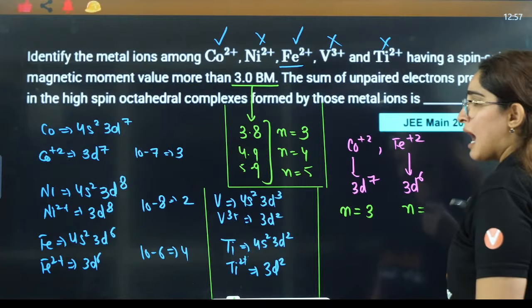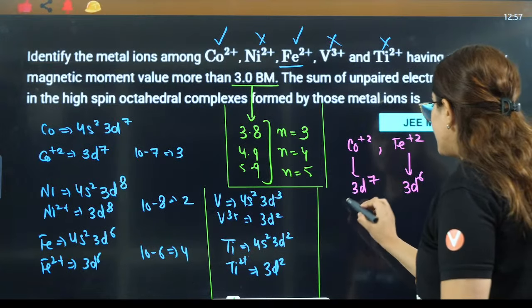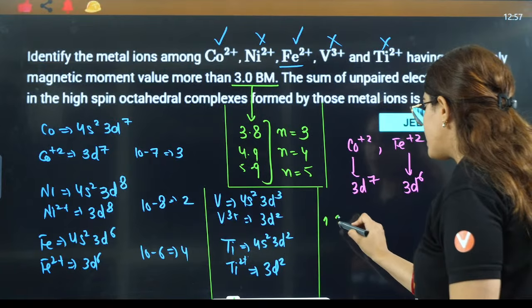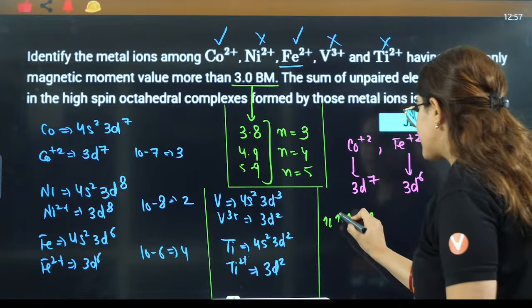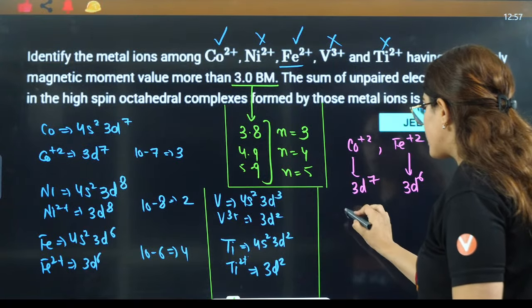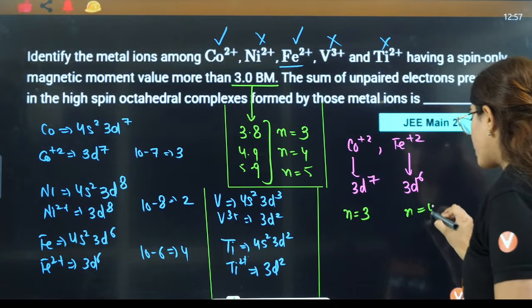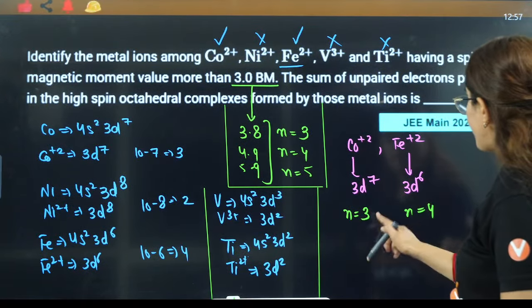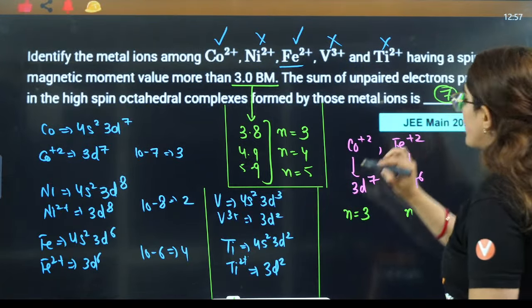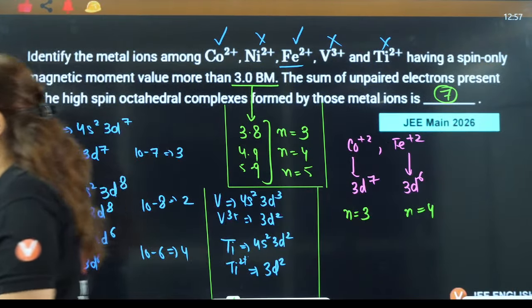When there is a high spin complex, it is simply 1, 2, 3, 4, 5, 6, 7, so 3 unpaired electrons are there. Here it is 10 minus 6, that is 4. So 4 plus 3, that means the answer is going to be 7.